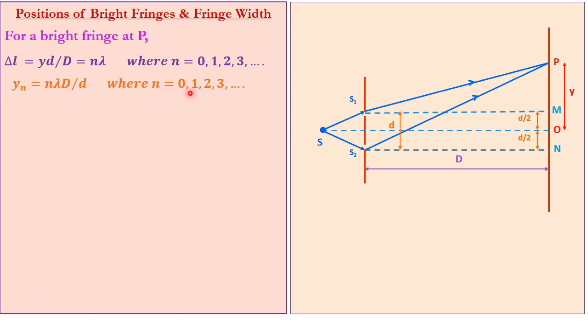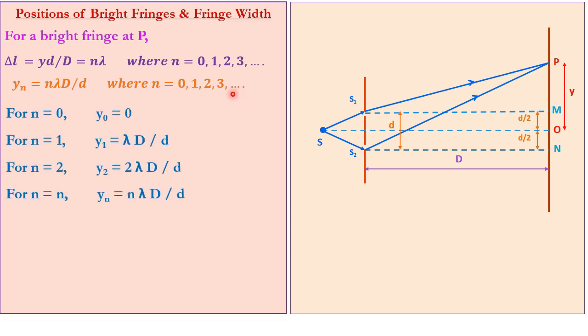Again here we say that values of n are 0, 1, 2, 3. For the first bright, second bright, third bright or nth bright, what will be the formulae? That we'll see here. I just have to substitute the value of n as 0, 1, 2, 3 like this. And for n equal to 0, y0 is equal to 0, that is the central bright fringe.